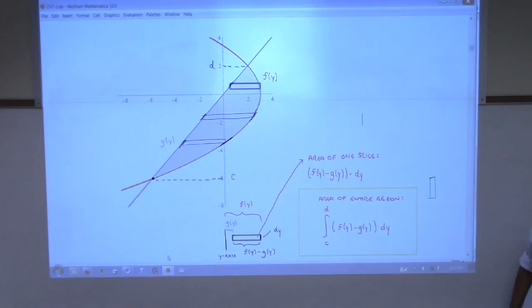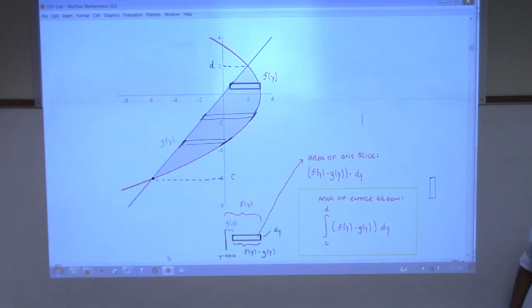So that's why the distance from the y-axis to this edge is f of y. And then I measure the distance from here to here, which is the other edge of the rectangle, which will always be that blue curve. That's g of y, right? So the distance from this left side to this right side should be the difference of those two. So you see this is everything we just did, just turned sideways basically.